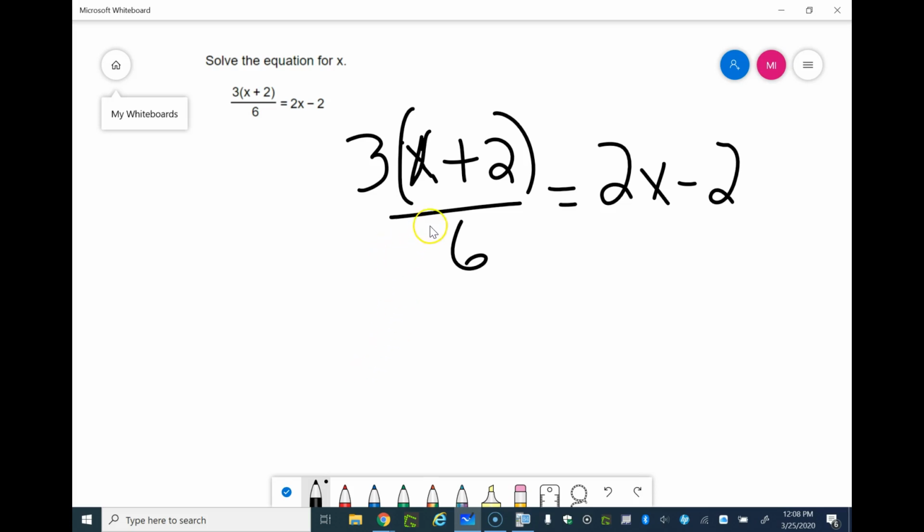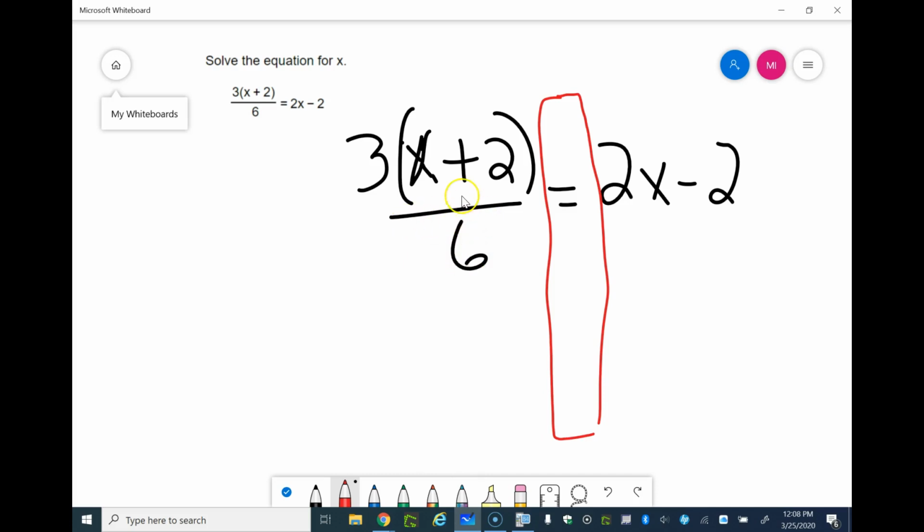Looking at this problem here, I want to get x by itself, but I have a lot of stuff going on on one side of this equation. Because this is in parentheses, this 2 is the closest to the x. Then the 3 is probably the closest, but the 6 is probably the one that's the furthest away. So what I'm going to decide to move first over this side is the 6.